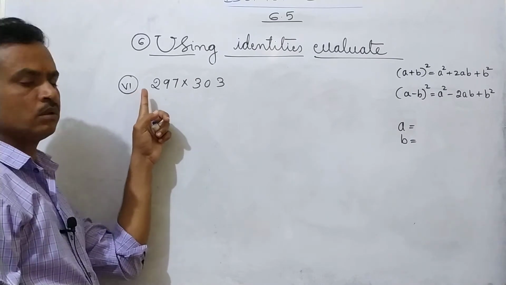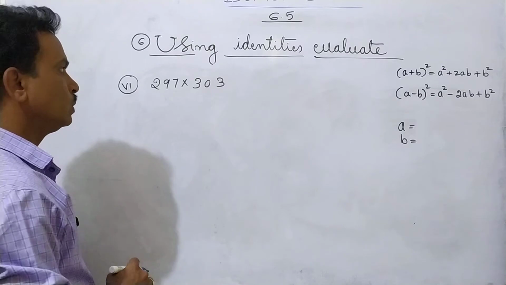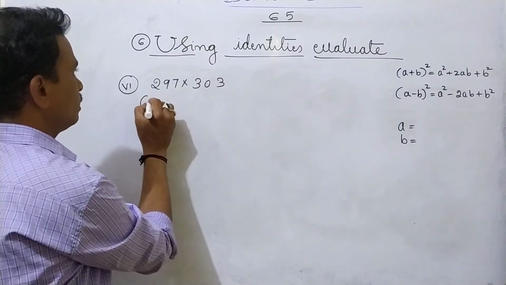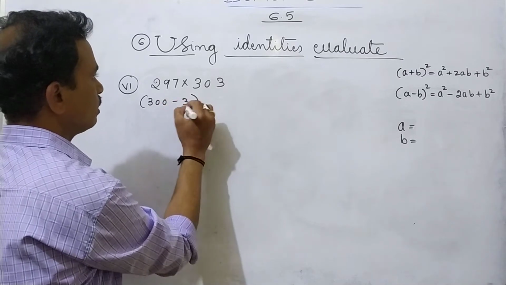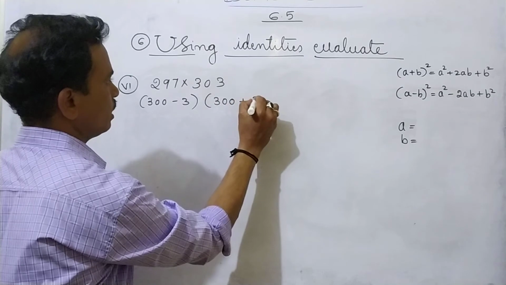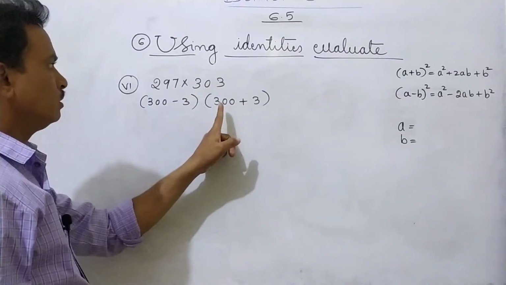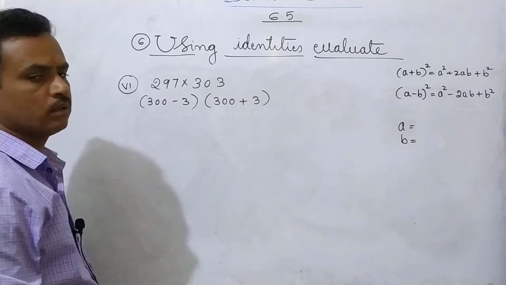Sixth question, 297 into 303. So how to write this now here? (300 minus 3) into (300 plus 3). 300 plus 3 is 303, 300 minus 3 is 297.